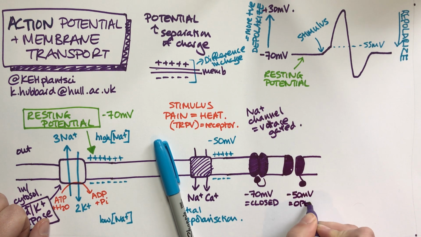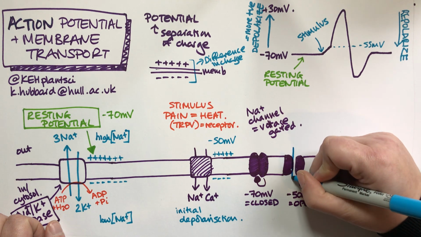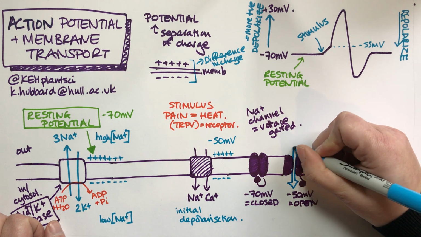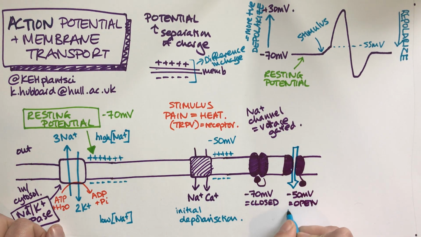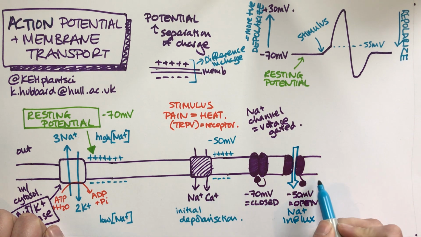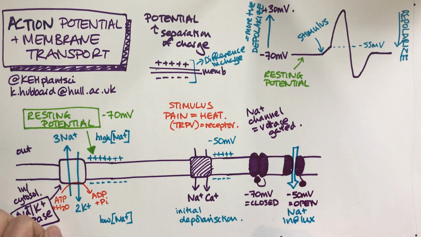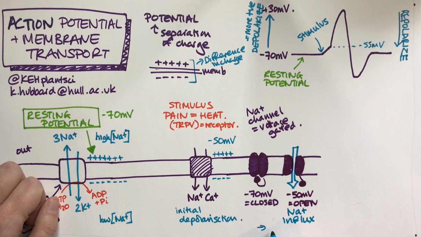It's open. And when it's open, we have a big, very rapid influx of sodium. Okay, so this heat receptor only let a little bit of sodium in, but this protein allows lots and lots of sodium in very, very quickly. So we get a big depolarization.